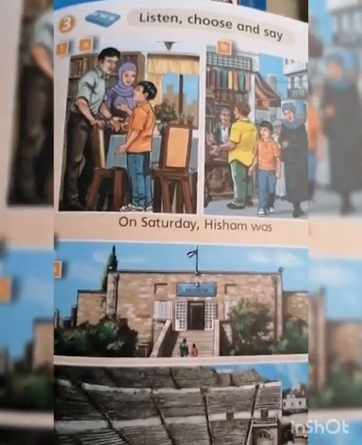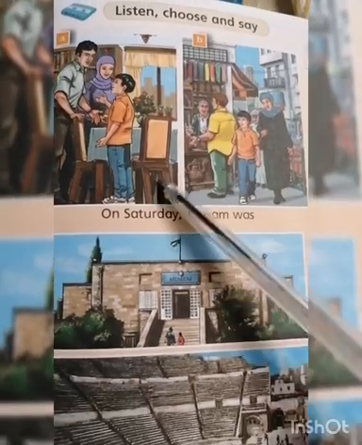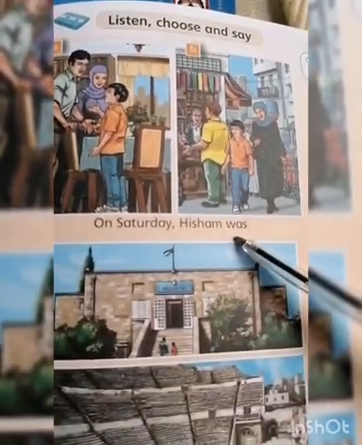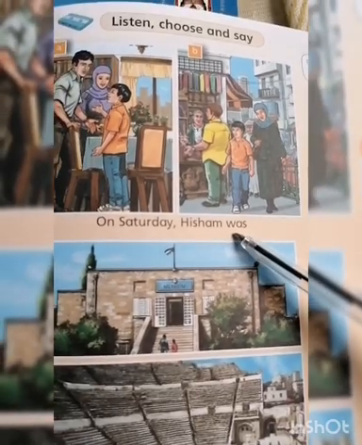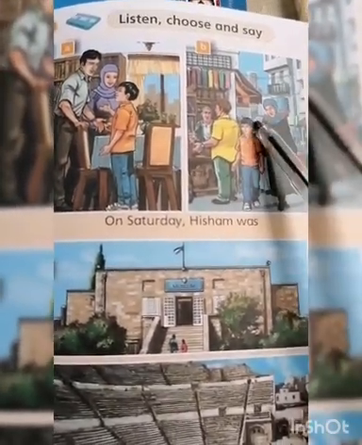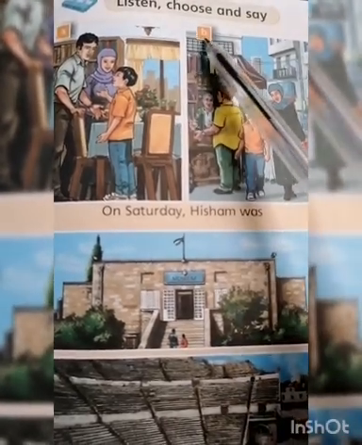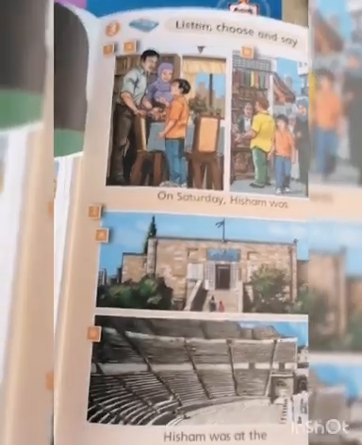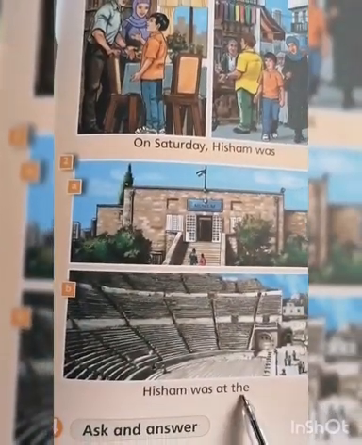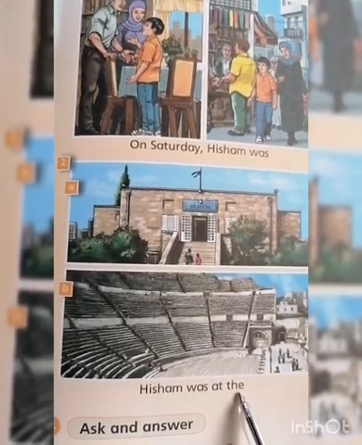Now, my students, look at these photos. On Saturday, Hisham was in the old city. Where is the old city here? Yes. Picture B. This is the old city. Number 2. Hisham was at the what?